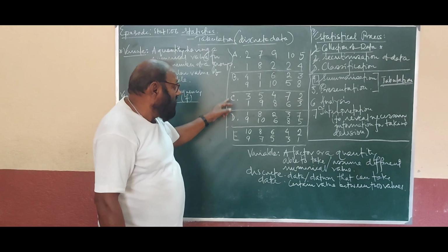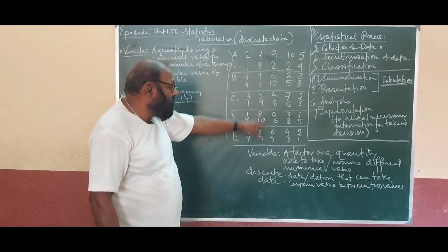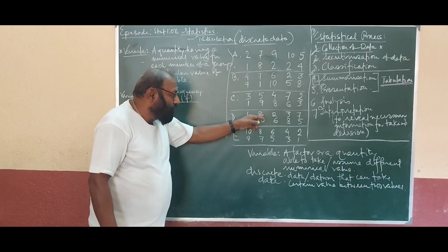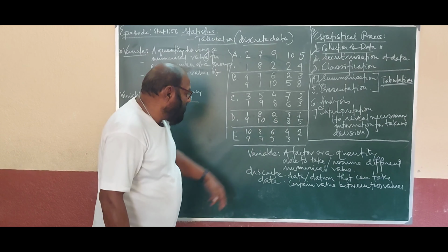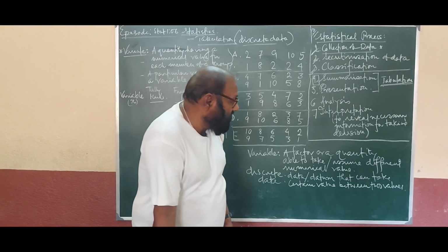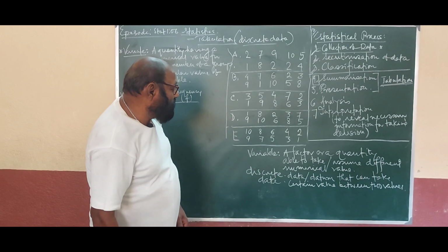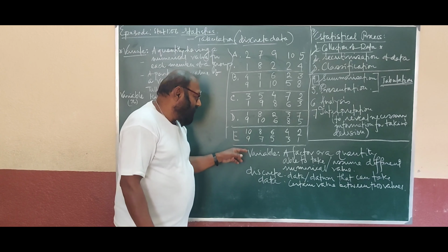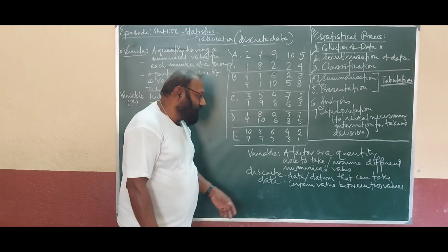And so also C: 3, 1, 5, 9, 4, 8, 7, 6, 2, 3. And Mr. D: 1, 9, 8, 10, 2, 6, 3, 8, 7, 5. And E has collected the information of 10 children aged 1 to 10: 10, 9, 8, 7, 6, 5, 4, 3, 2, 1.